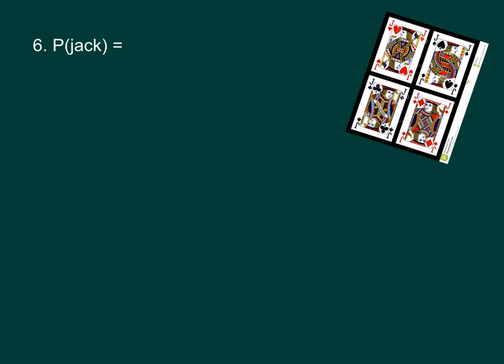So theoretically, we have 4 possibilities to choose from. And a standard deck of cards has 52 cards to choose from. So the probability of pulling a jack is 4 out of 52, and let's reduce that. That would reduce to 1 over 13.